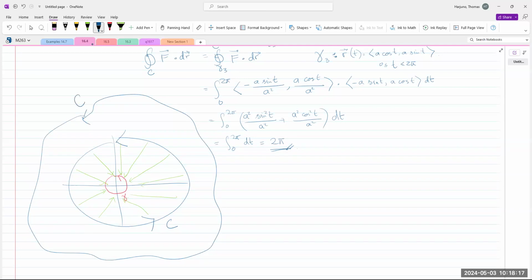Why can you deform that to the red circle, the path gamma? Well, because between any closed curve C and that gamma, the vector field is continuous, and therefore we are able to deform it that way.